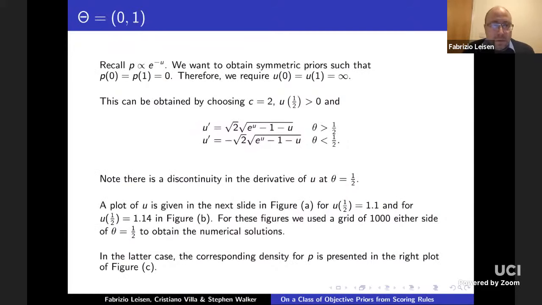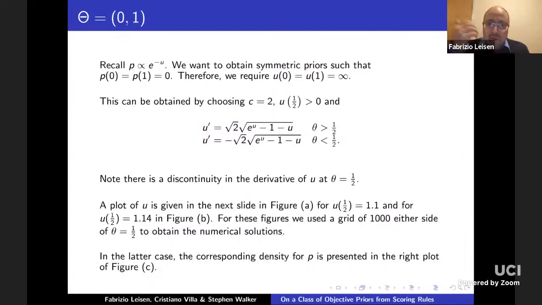So let's see the case where we consider the interval 0, 1. So I recall that the prior is proportional to the exponential of minus u. Here we want to obtain symmetric priors such that in the extremes of the interval, the prior is 0. So a way to obtain such a prior is by setting the constant c equal to 0 and setting the initial condition now not in 0, but in 1/2, but we know that for a differential equation, this doesn't matter too much.